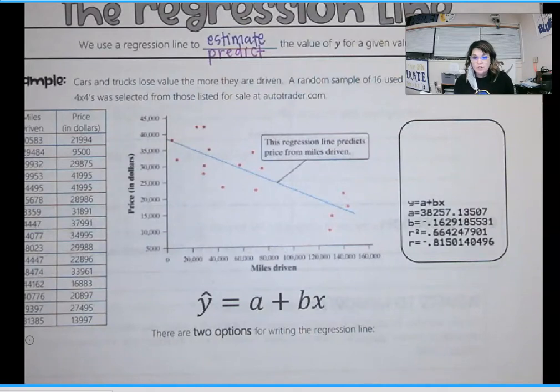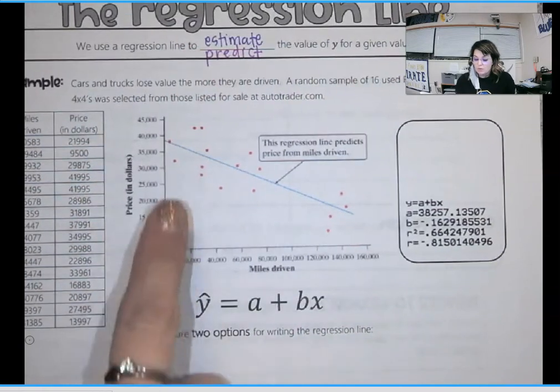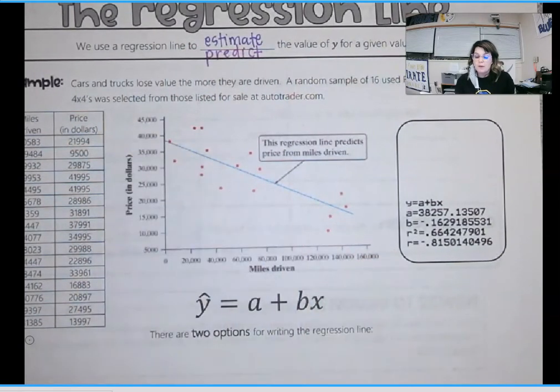So we're going to use our calculator to find the equation for the line that best describes the relationship. We'll get into a little more depth on how we find the line that best fits the data. But essentially what we're doing is trying to figure out which line matches this the best.